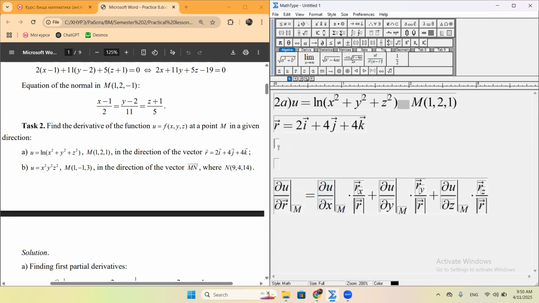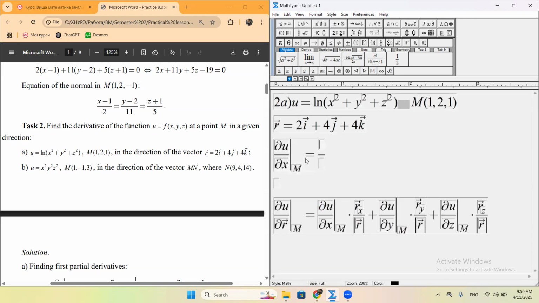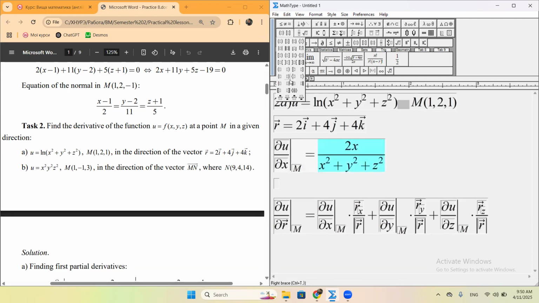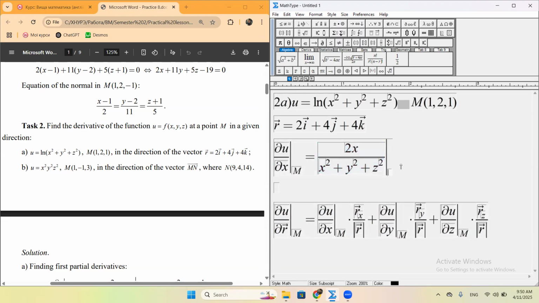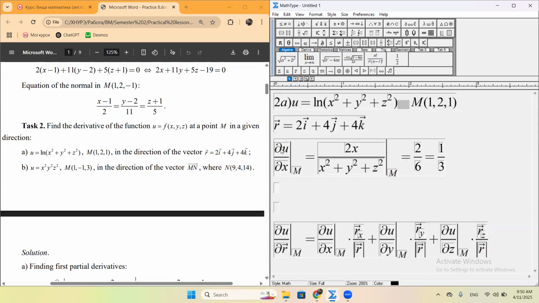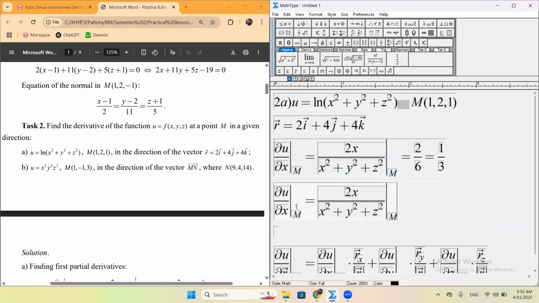So du by dx at point M will be equal, first of all, differentiating the outer function and multiplied by 2x, and everything at point M. So 2 over 6 at the denominator equals 1 over 3. So found the derivative by x.